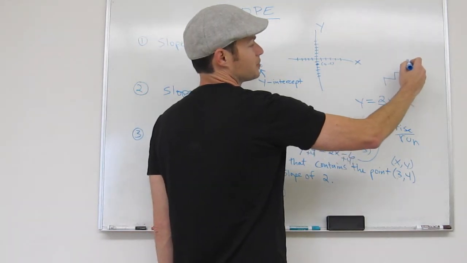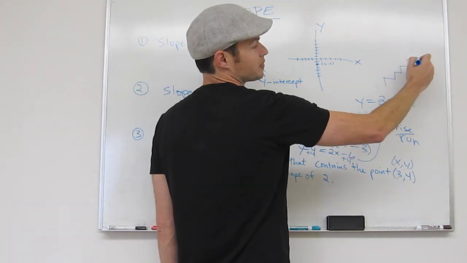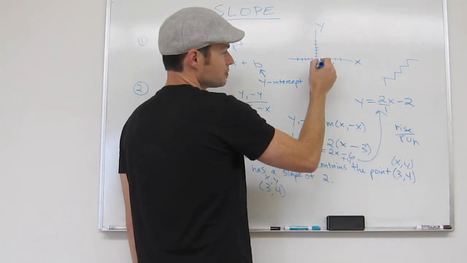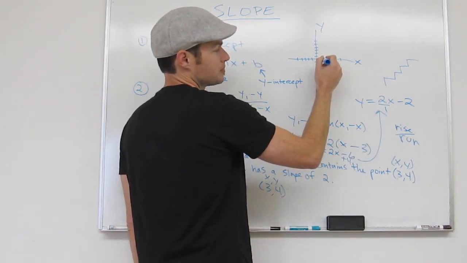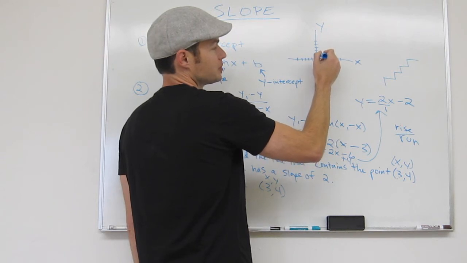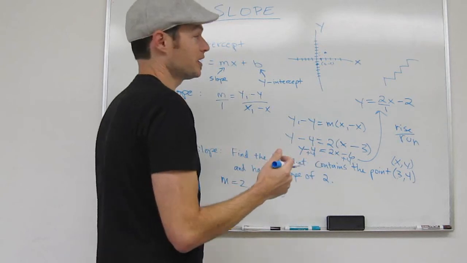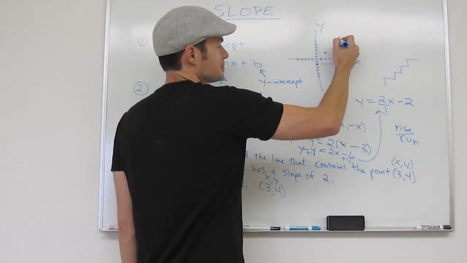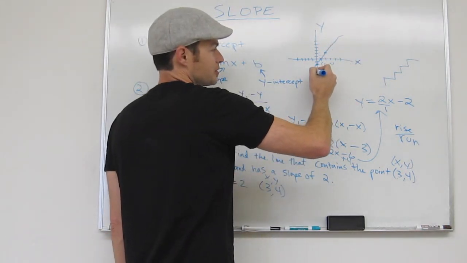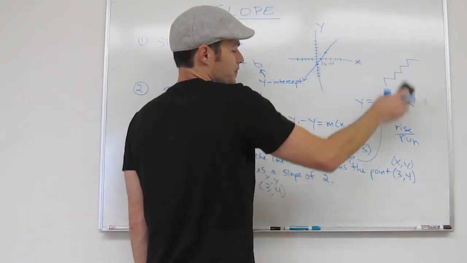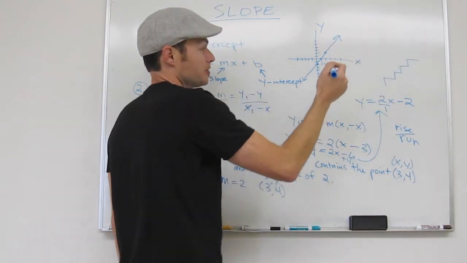Rise, run: rise up, run across. So right here, we're going to rise up 2, and then we're going to run across 1. And what we've created here is a line. Now we just connect the dots as straight as we possibly can without using the ruler. And we're good to go.